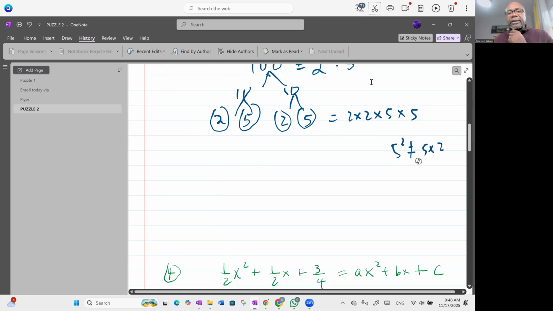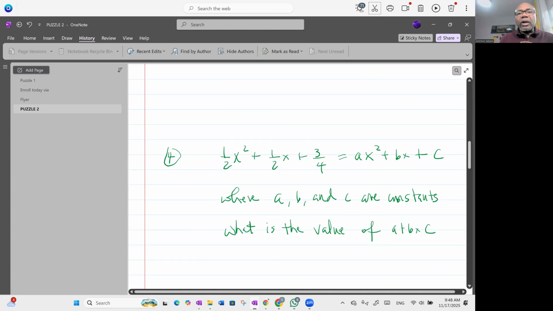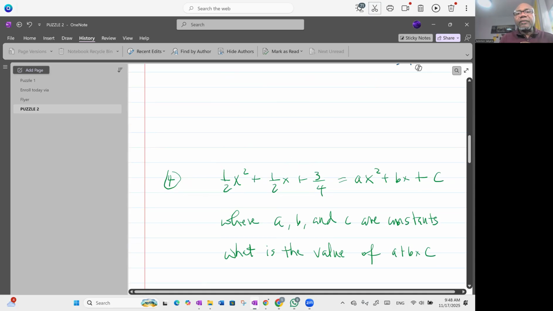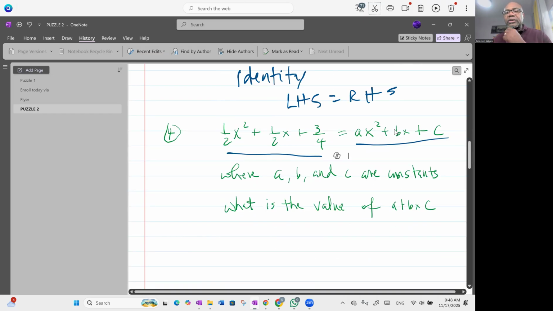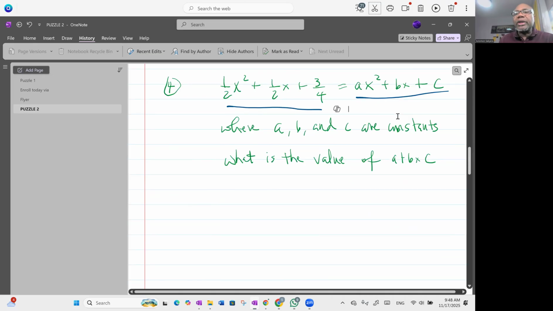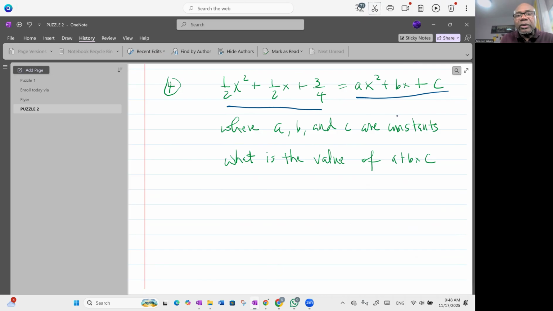And then the fourth one is identity. When you have an expression on the left-hand side equal to the right-hand side, it's an identity. So I have 1/2 x squared plus 1/2 x plus 3/4 equals this, right? So what you do is you just compare like terms. The x squared term is equal to the x squared term, and that tells me a is half.